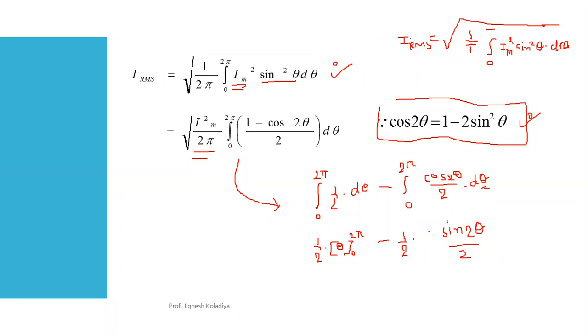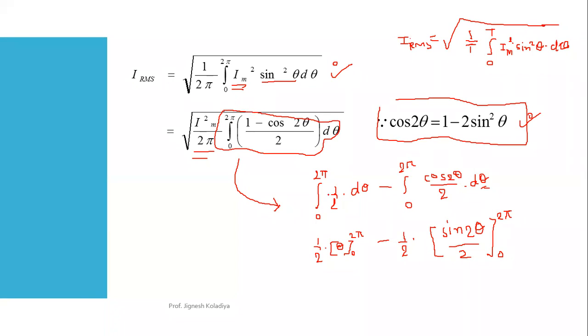Okay, and here you can apply the limit 0 to 2 pi. Now consider all is under the square root only. I'm just taking this term only.